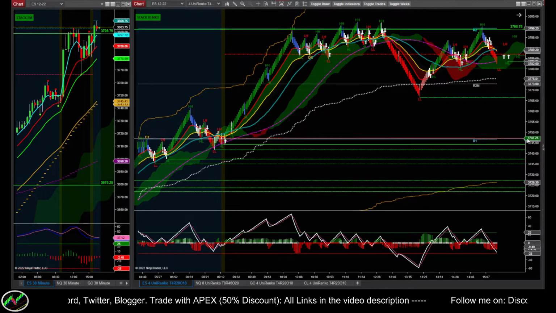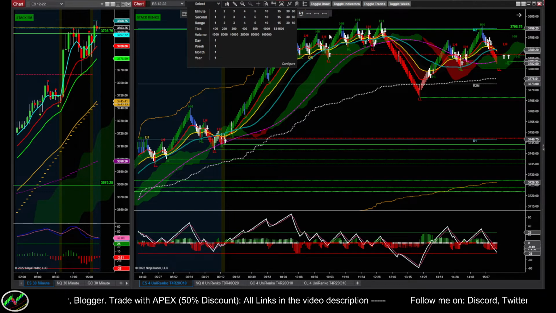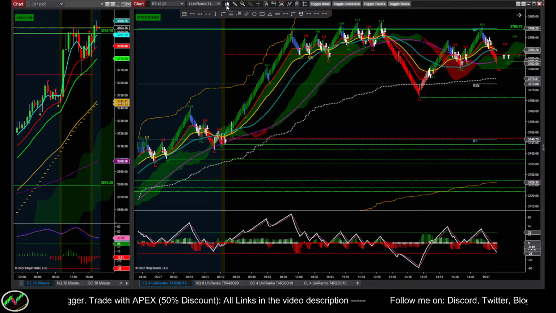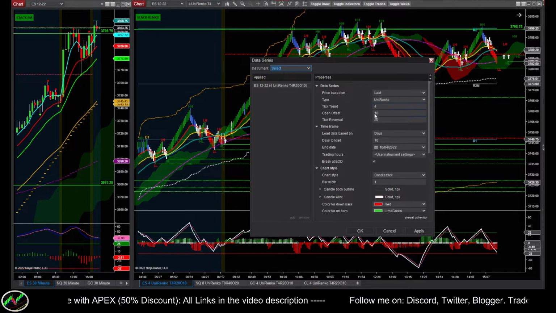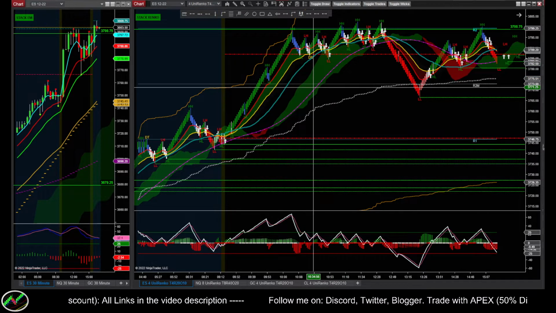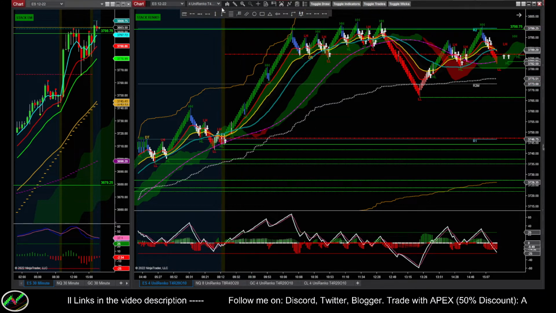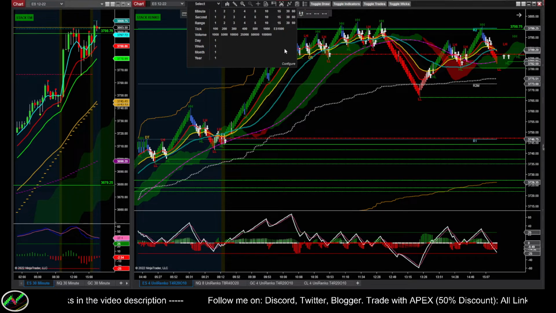So what I have here is my entry chart, and this is the size of it. Let me show you. This is for 10/20, and this is the entry chart. I also use this one as an anchor chart when I trade on the smaller time frames or smaller bars, which is 2, 5, 10.